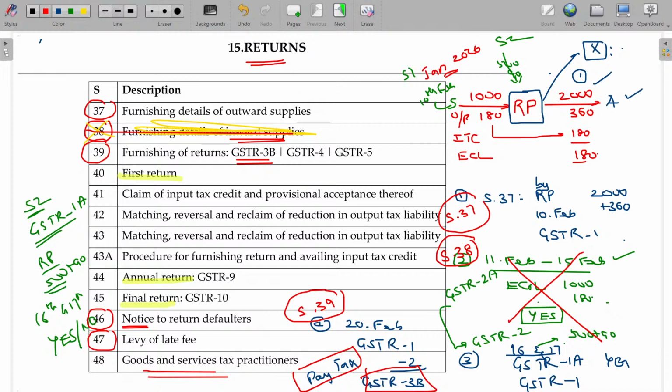You can pay the tax every month, but file the return only every 3 months. Quarterly return, but tax is payable monthly. But if you are filing the returns quarterly, your recipient cannot enjoy the ITC, am I right? Unless the supplier files the documents, the recipient cannot enjoy the ITC. Yes or no?